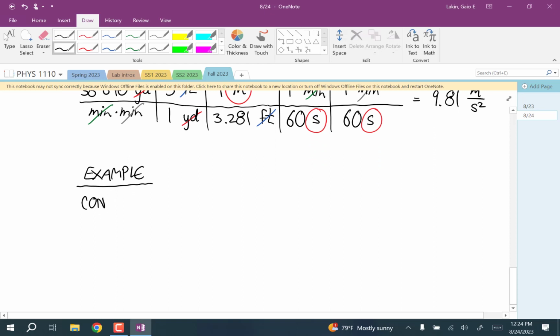Okay, so let's convert 61 miles per hour to meters per second.